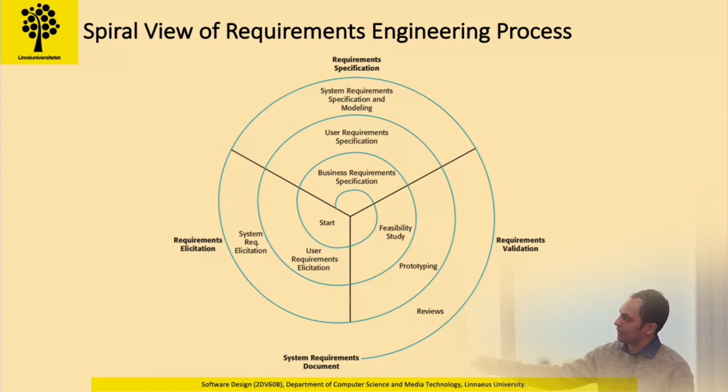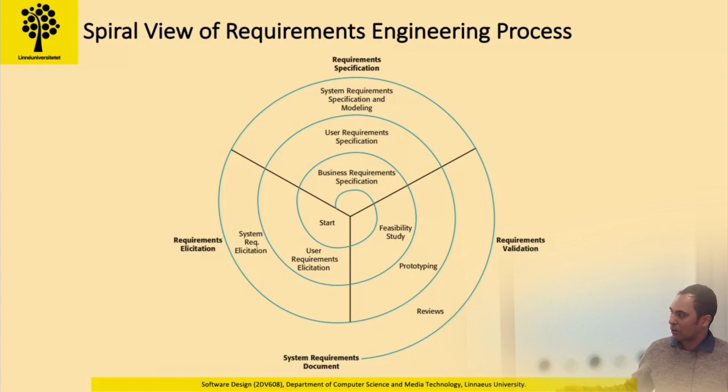And once you have detailed system requirements and specification, you do formal reviews with all the stakeholders. These are all requirements validation, based on which you will have a system requirements document. The requirements management basically comes after this phase, so the management of requirements begins after you have the final requirements document.